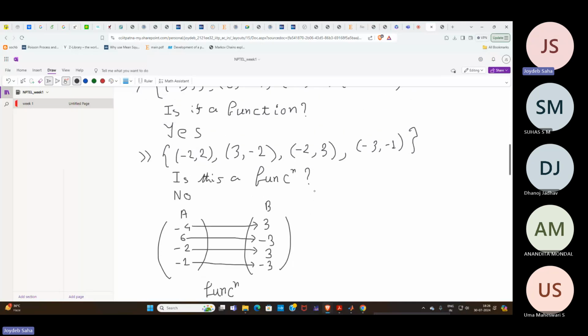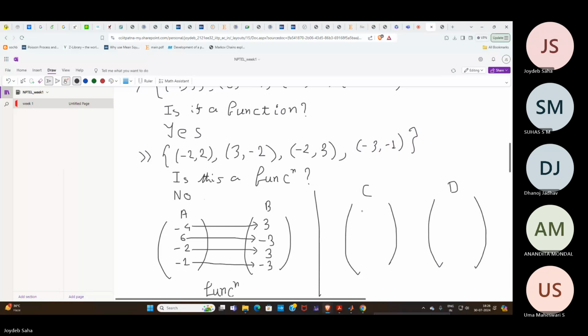Now map this. This is set C and this is set D. -2 is mapped with 2, but -2 is mapped with 3 also.